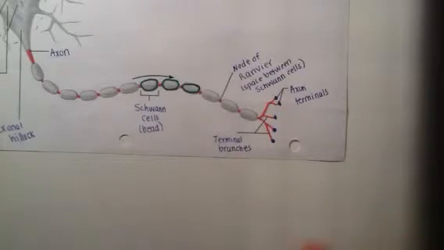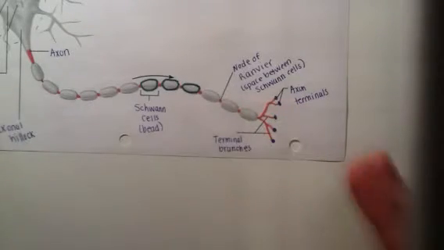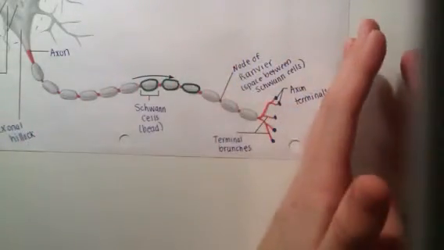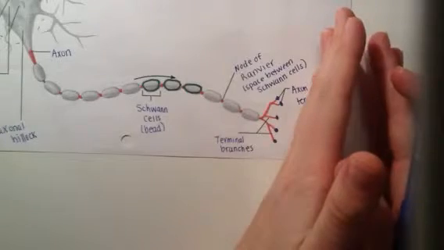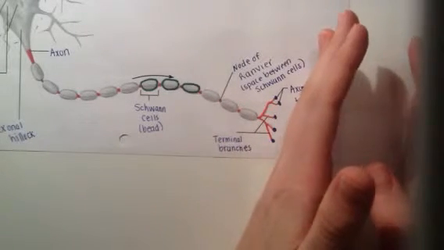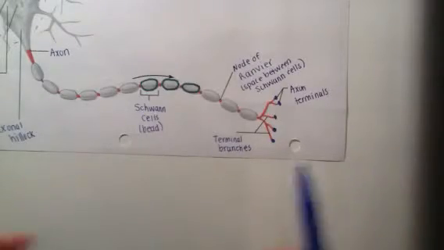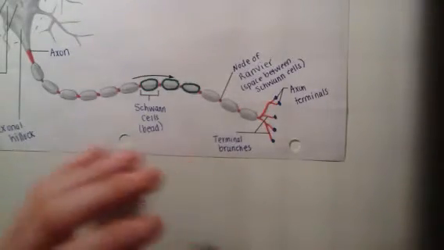The acetylcholine binds to the receptors. That's what I'm talking about. This could be a motor neuron that's talking to a skeletal muscle right here saying we need to contract. Okay, so try to put unit with unit, a muscle unit with the nervous system. This is kind of where we are.